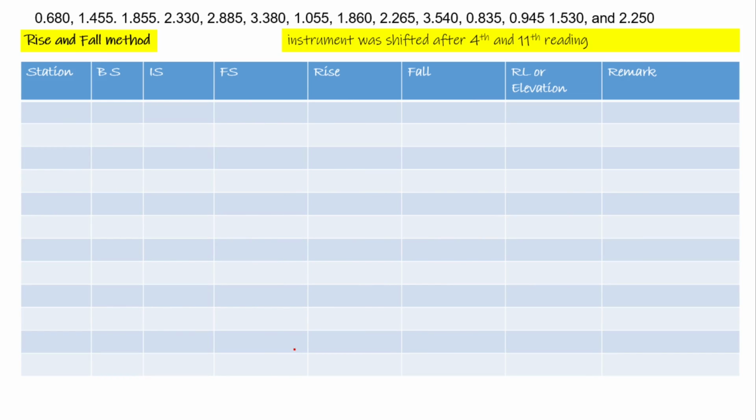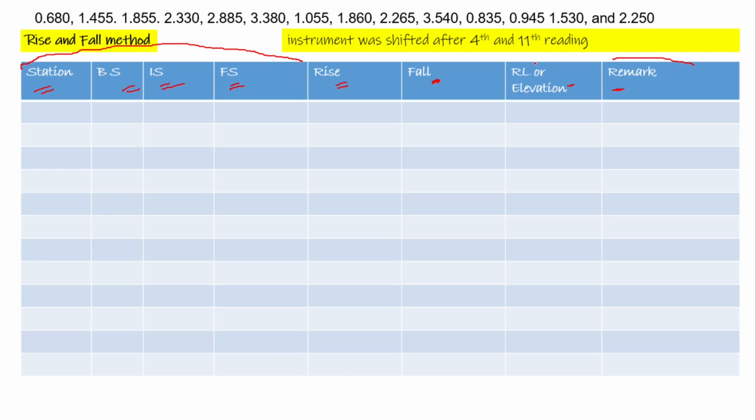In this table, stations are there, backside is there, intermediate side. One new thing is there: rise and fall. We have to create a different column for rise and fall, the next column is elevation, and last is remark. I hope you are aware how to fill in these readings.